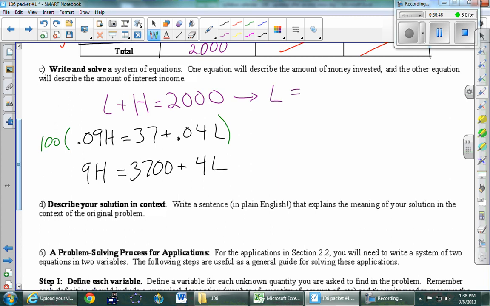So subtract that H from both sides. Okay. And then we're going to copy the second equation, but instead of L, we're going to put all of this.